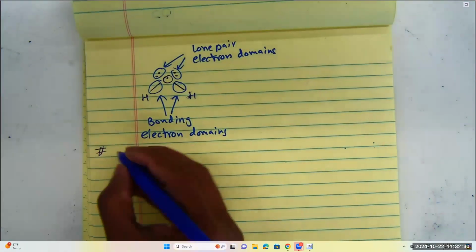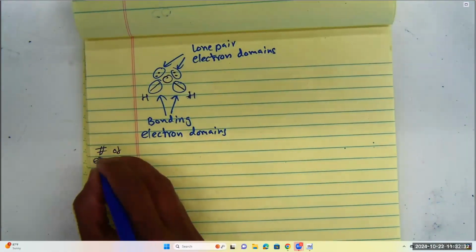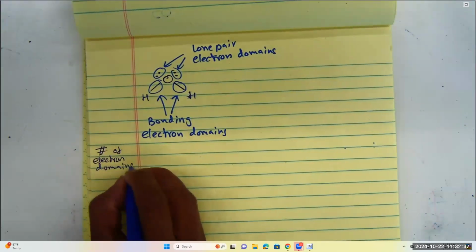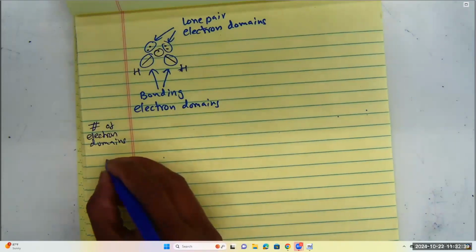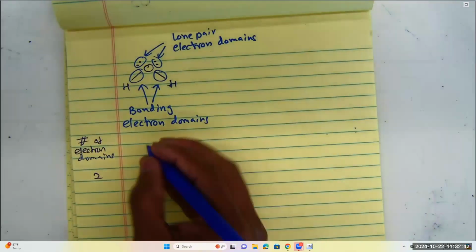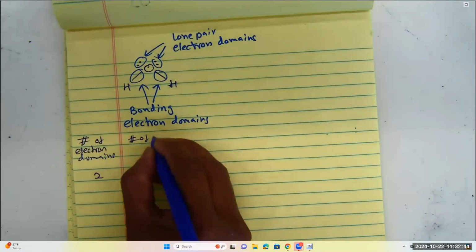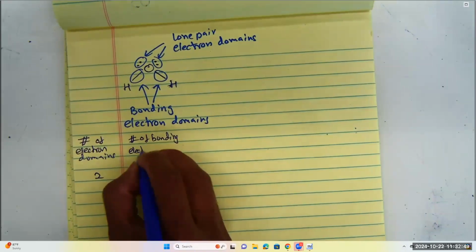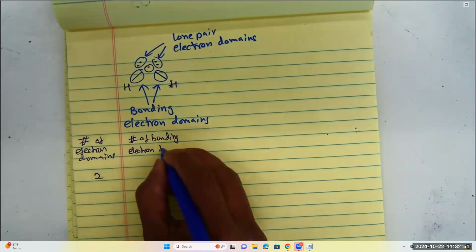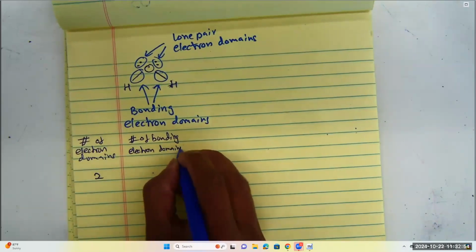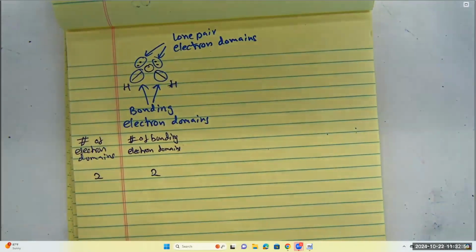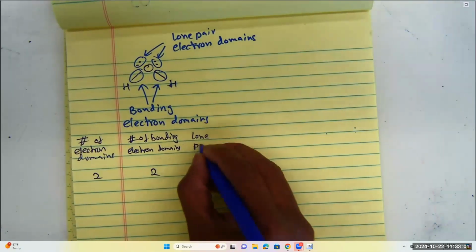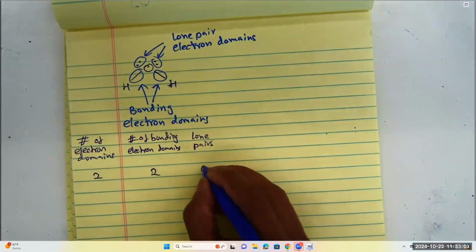If we have the number of electron domains here, like for example in carbon dioxide it is 2, and then the number of bonding electron domains, which is going to be 2 for carbon dioxide again, and then lone pairs for carbon dioxide is 0.